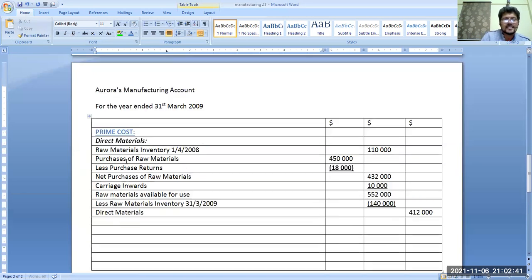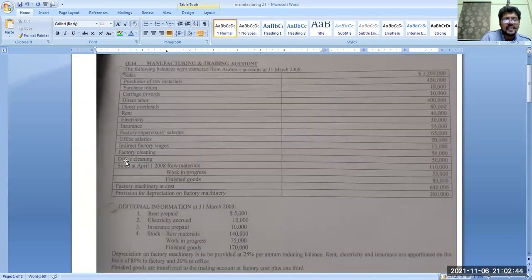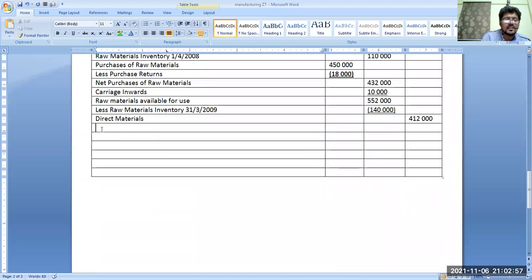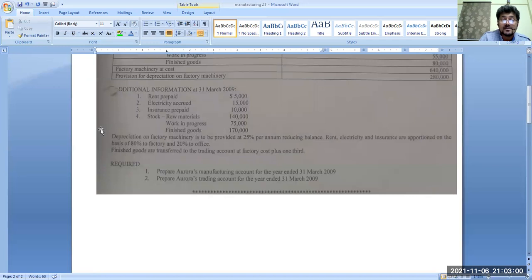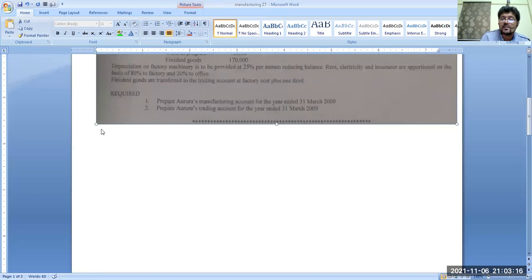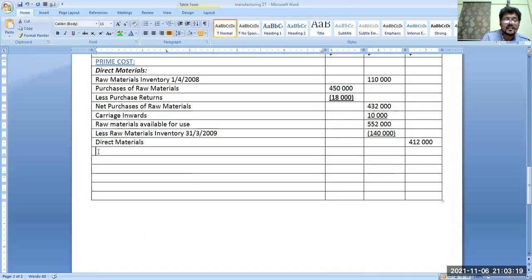Next, in prime cost are direct labor and direct expenses or direct overheads. Direct labor is 400,000, so we write it over here. But is there any adjustment of direct labor? No, there is no adjustment for direct labor, so we report 400,000 over here.